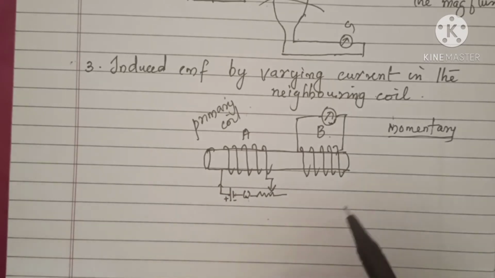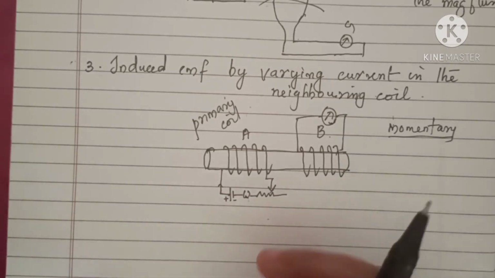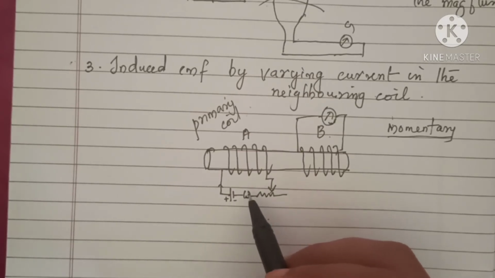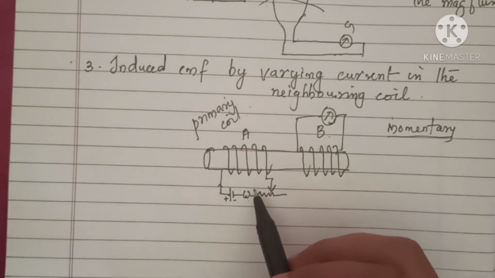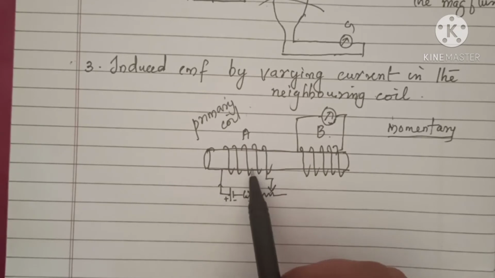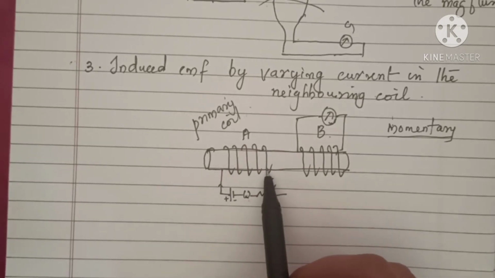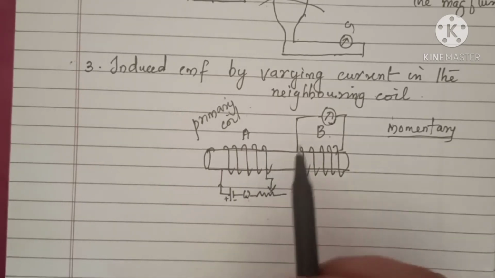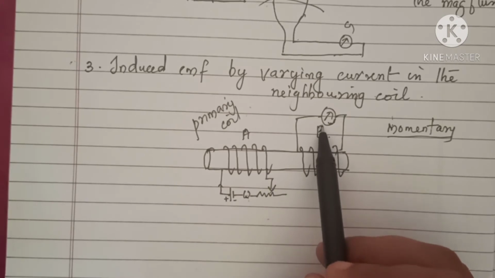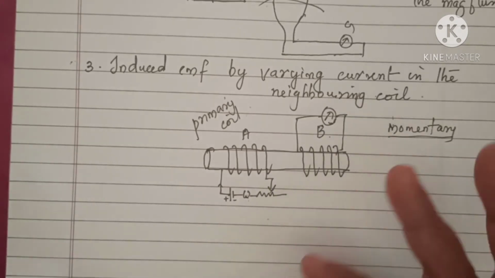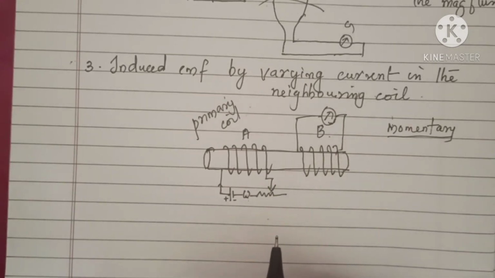Then suppose you keep the tapping key pressed, steady current flows through the primary coil and the galvanometer shows no deflection. It does not show any deflection. Understood?